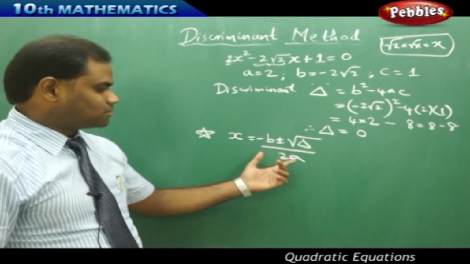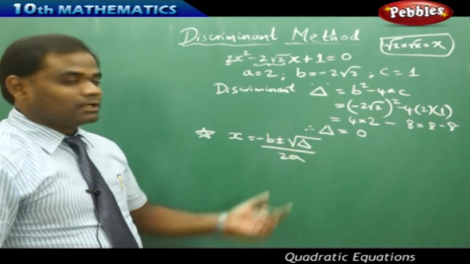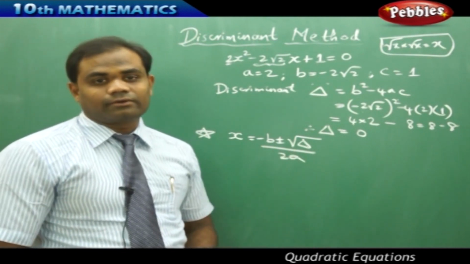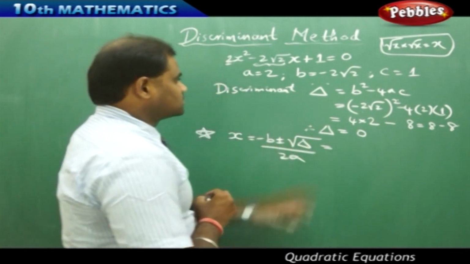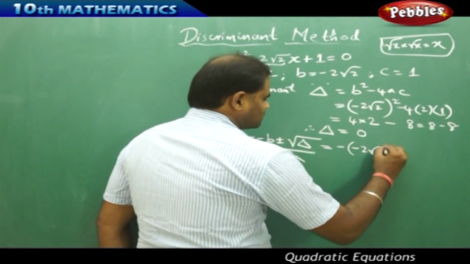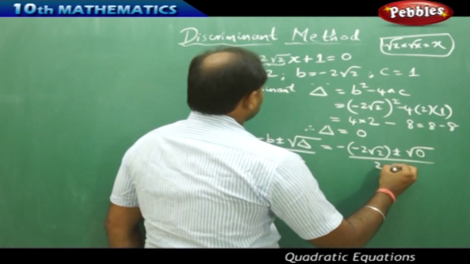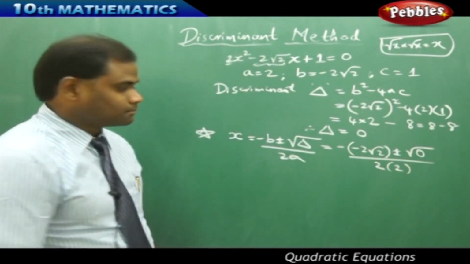Now let's substitute each of a, b and delta in this formula and find the values of x, which are the solutions of the given quadratic equation. In this case, b is minus 2 root 2, so minus b plus or minus root of delta by 2a is how I get when I substitute the values.